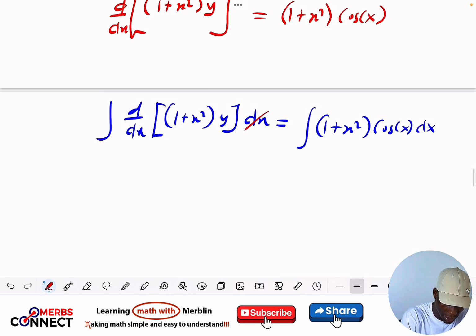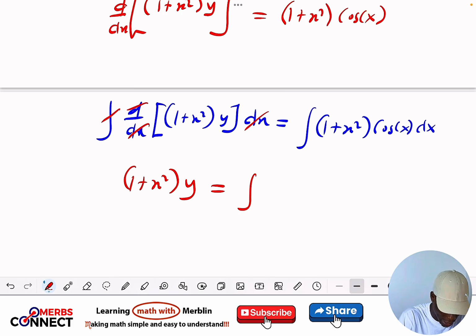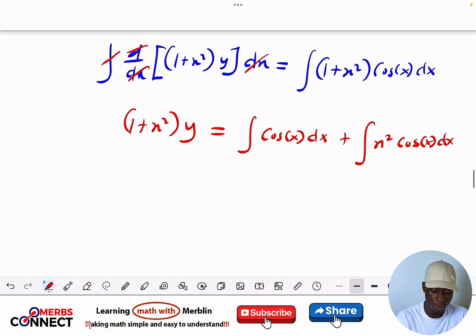So this cancels that. 1 plus x squared y is equal to, now I can multiply through by the cos, so I'm going to have the integral of cos of x dx plus another integral, where I multiply this one by this, giving x squared cos of x dx. So here we need to take the integrations one by one, right?